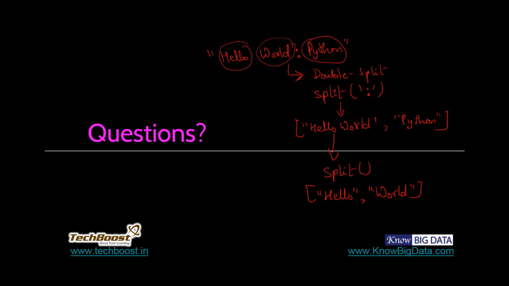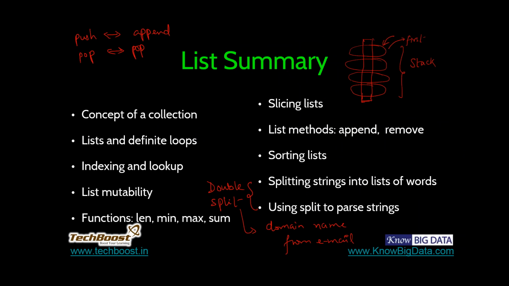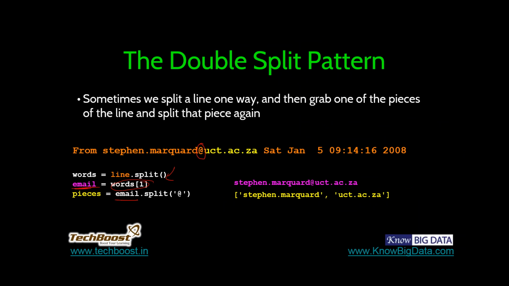I get your point. So let me answer this in two ways. The first one would be that in your real-time scenarios, you would really not find such a case where you want to split based on multiple delimiters, all right? Because your problem would be specific to a generic pattern, right? You will have a pattern. Say, for example, if I talk about this log, if any process is giving you some text, this is only one line out of the log where you will have the email from different email addresses, isn't it?